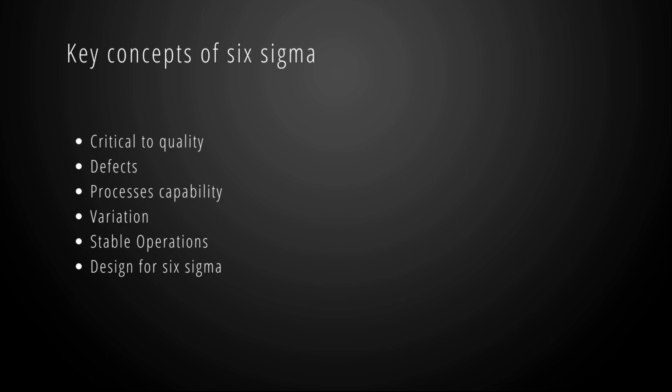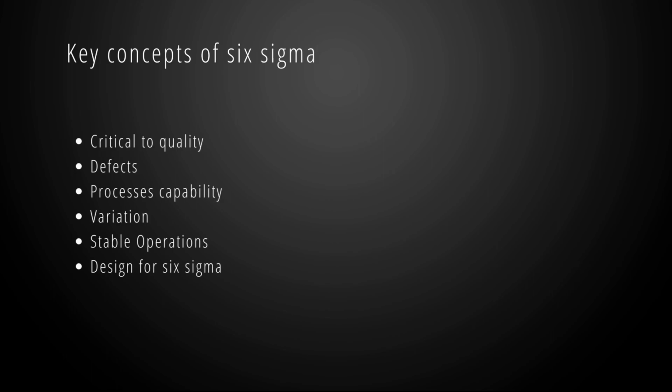When we talk about defect, we are talking about products or services that do not meet the expectations of customers. Process capability is the ability of an operation's processes in terms of what it is able to deliver.